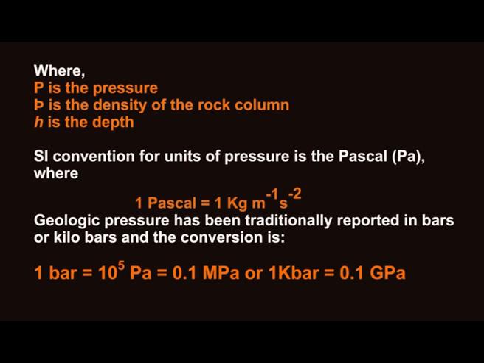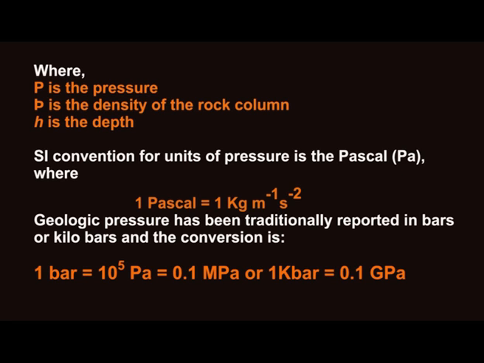Lithostatic pressure is exerted by the overlying mass of the rock and its magnitude depends on the depth and the density of the rock column. Knowledge of the depth of lithostatic pressure is of paramount importance in making tectonic reconstruction. The relation between pressure and depth in the crust is given by the equation P equals rho g H, where P is the pressure, rho is the density of the rock column and H is the depth.